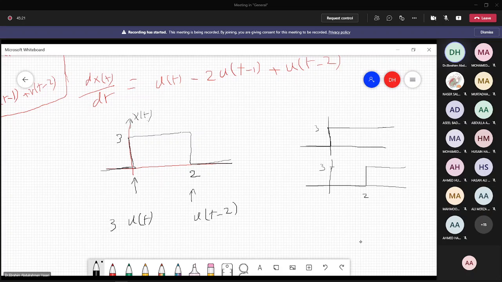So by subtraction of these 2, I will get x of t. As we said, this is 3u of t, and this one is 3u but t is shifted to 2, so minus 2. So then it is equal to 3u of t minus 3u of t minus 2.